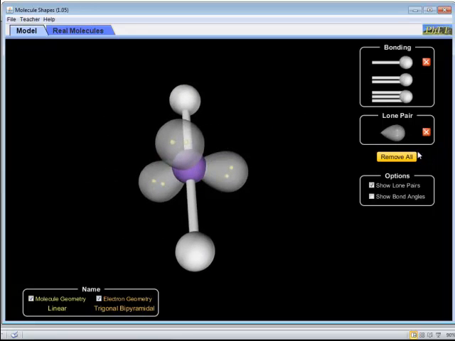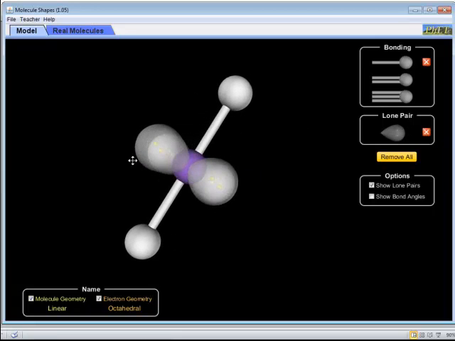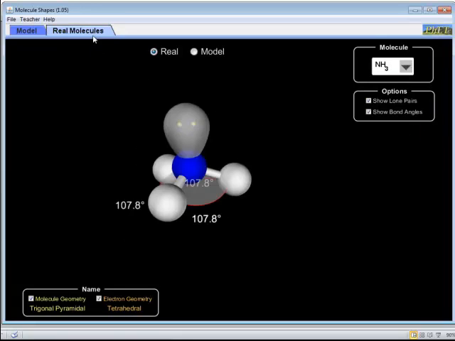The common one will be taking away 1 and adding another one, so now we have another linear molecule. The molecular geometry is linear, and the electron geometry is still octahedral, because those 4 pairs are now lone pairs, not shared with anybody else. So let's take a look at some real molecules.